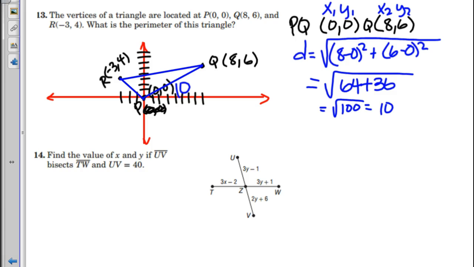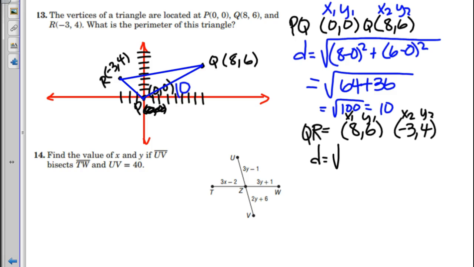All right, let's keep going. I'm sorry, not Q to P, Q to R. Bam. All right, distance from Q to R. Q is 8, 6, and R is -3, 4. So this is x1, y1, x2, y2. Back to the distance formula. So I have x2 minus x1 squared plus y2 minus y1 squared.